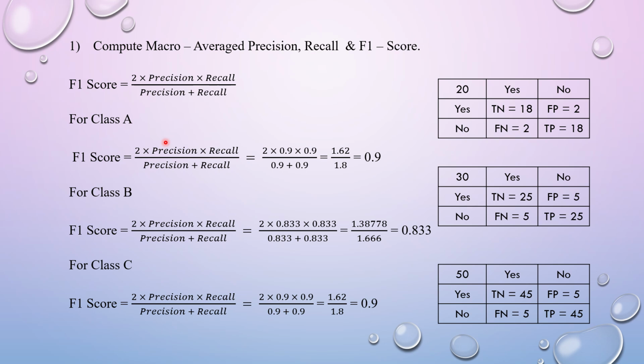F1 score of all classes and then we divide by the number of classes, that is 3.